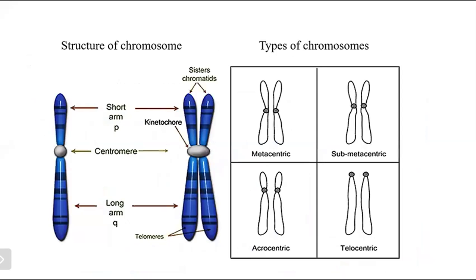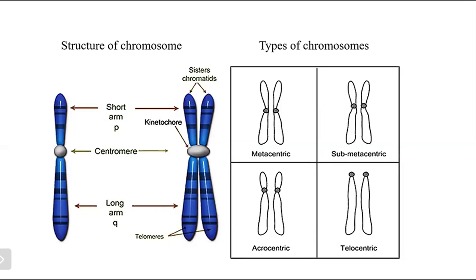Now, the structure of chromosome. You can see on the left hand side the structure of chromosome, but you must not have seen this type of chromosome. On the right hand side, you can see the actual chromosome, the usual diagram of chromosome that we see. You know that chromosome is visible only during cell division, and if you imagine the cell cycle, you have studied the cell cycle, right?